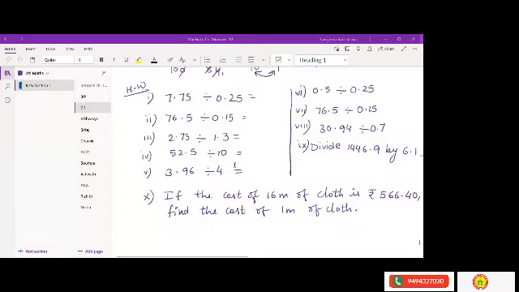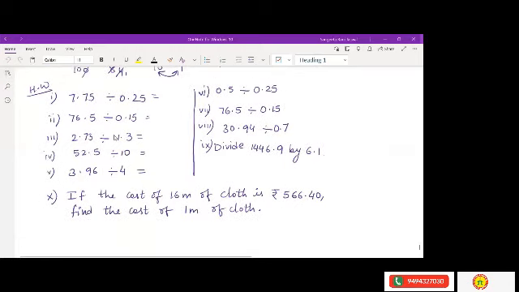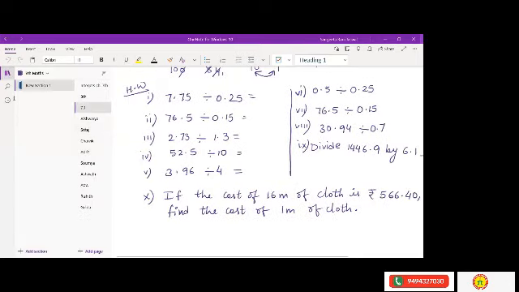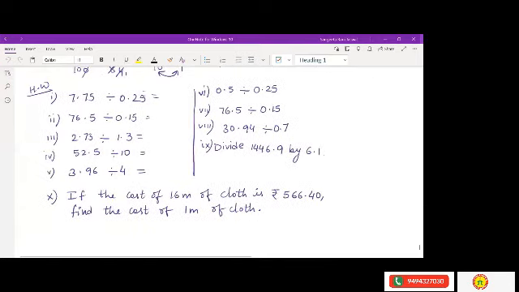I'll share the screen. See here, I had given you homework also on decimal division with decimal. And please remind me, I have to show you your test papers also, so that you can see your mistakes.